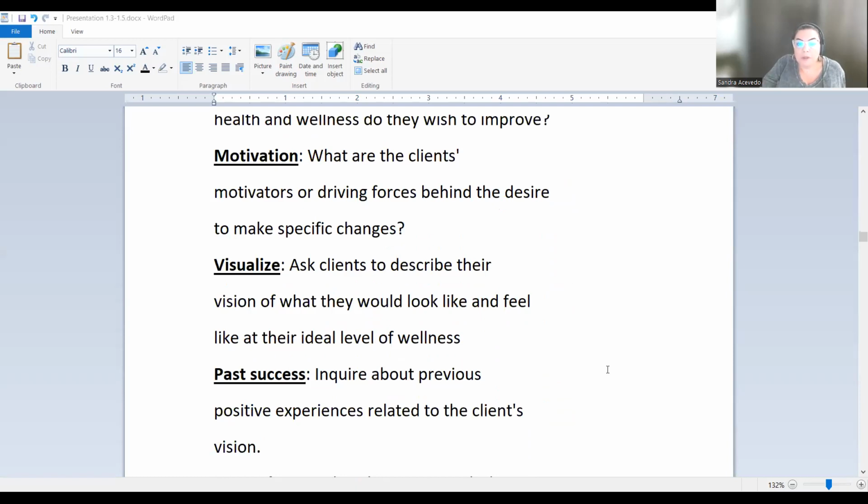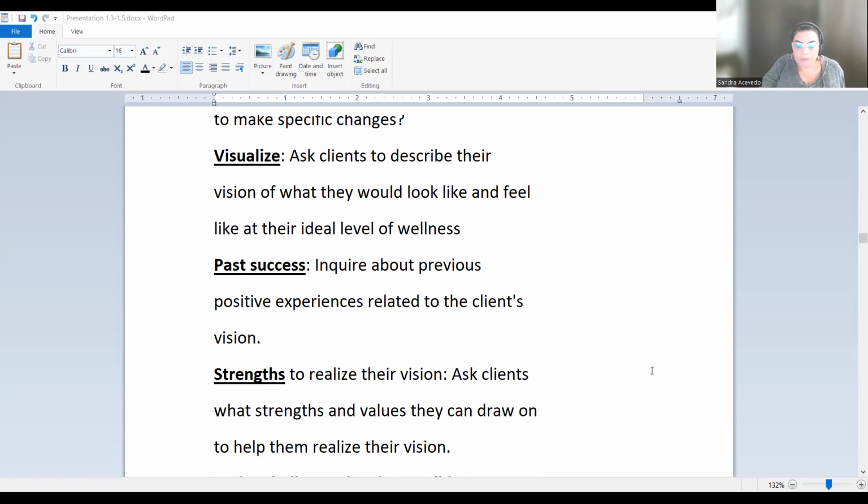Motivation: what are the client's motivators or driving forces behind the desire to make specific changes? Visualize: ask clients to describe their vision of what they would look and feel like at their ideal level of wellness. Past success: inquire about previous positive experiences related to the client's vision.